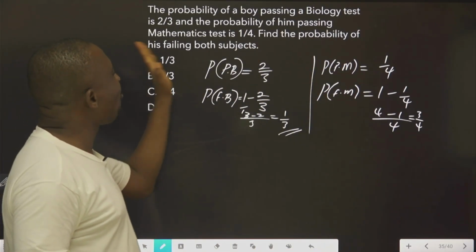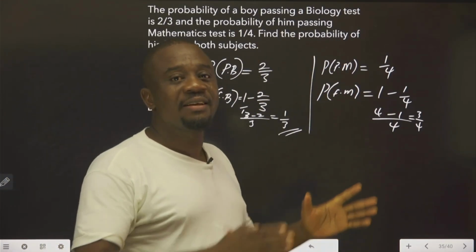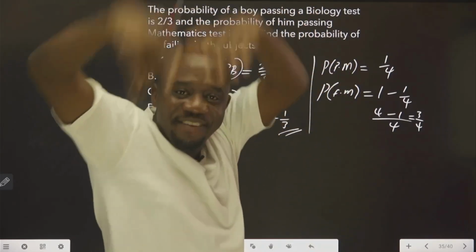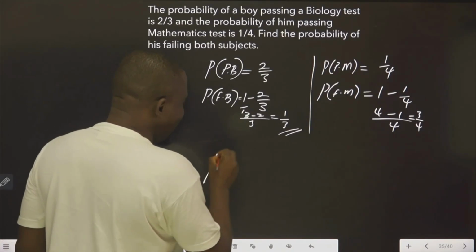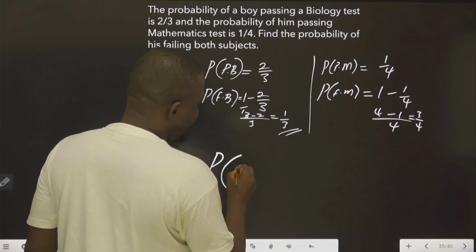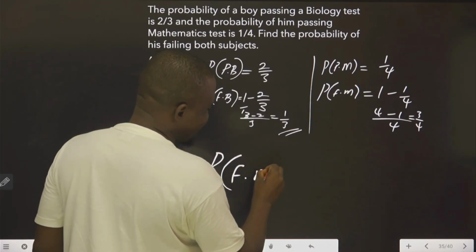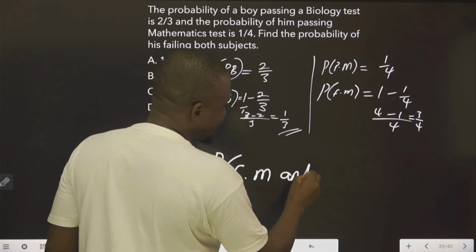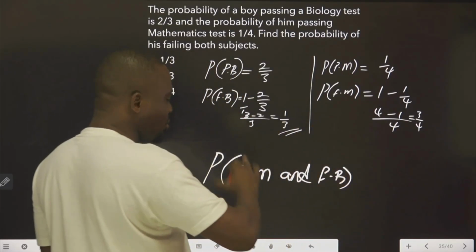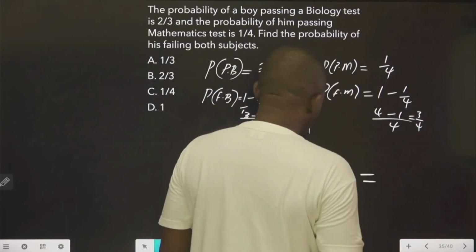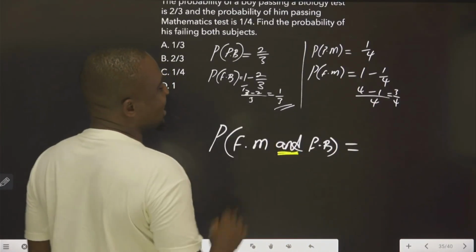Find the probability of failing both. Both means fail this and fail this, and it is times. Probability of failing maths and failing biology is this, and that is very important.